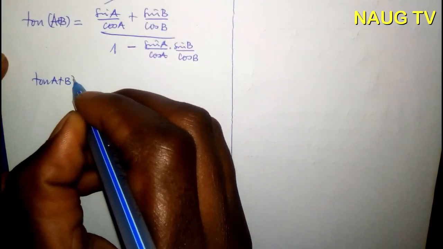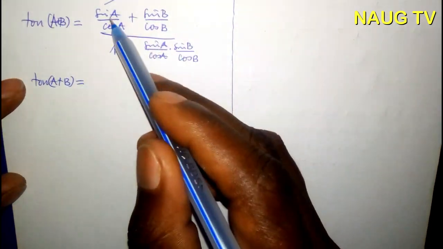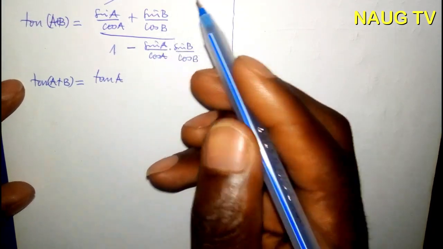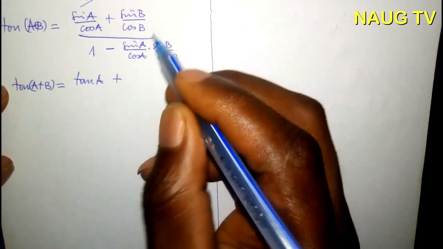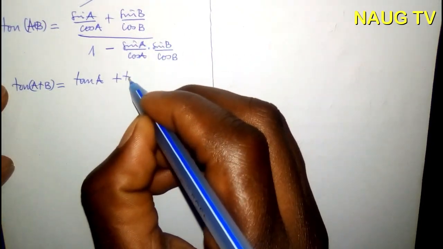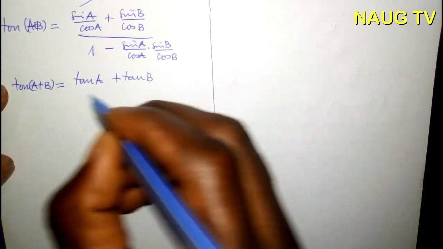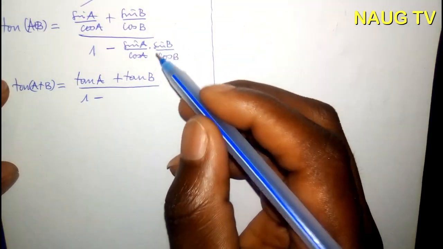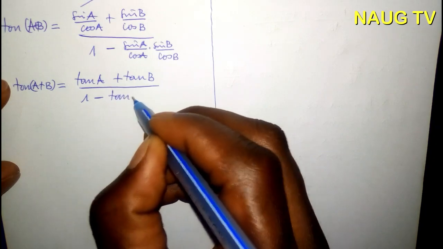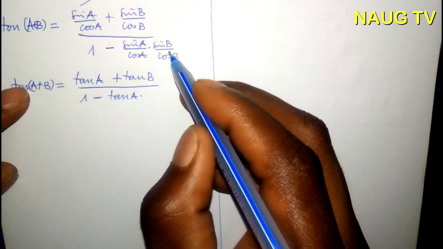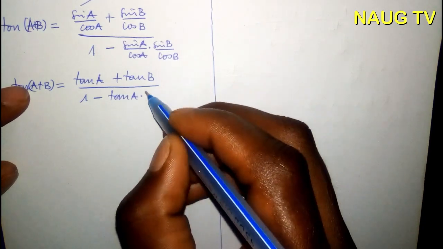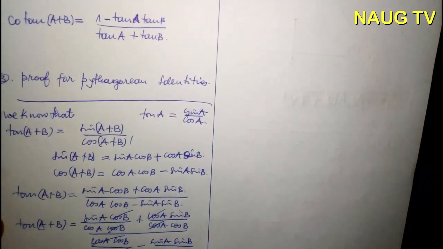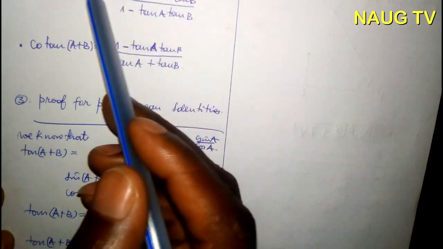tan(A+B) is equal to sin A over cos A, which would be tan A, as you have seen above, plus sin B over cos B, which is also equal to tan B, over 1 minus sin A over cos A, which is equal to tan A, times sin B over cos B, which is equal to tan B. So I think our identity has been proved.